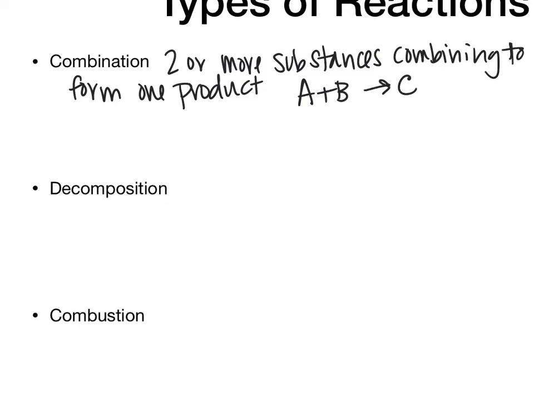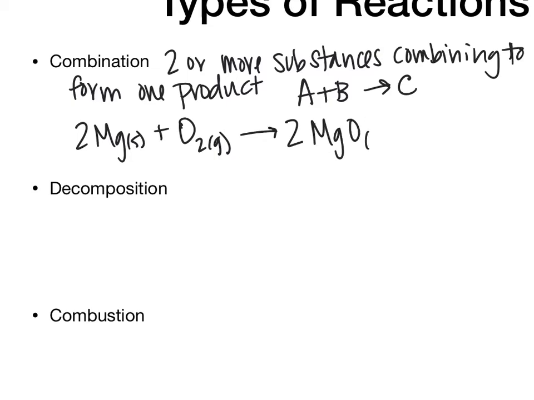That's a combination. So an example might be something where we have 2 magnesium solid plus O2 gas gives us 2 magnesium oxide solid. So this tells us that we need 2 magnesium plus 1 oxygen, but that oxygen comes as a pair, right?